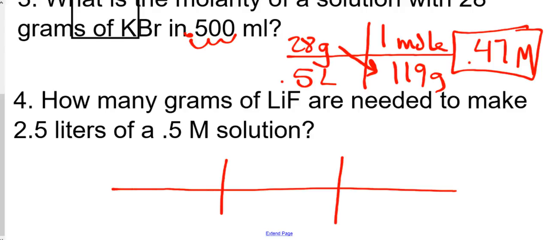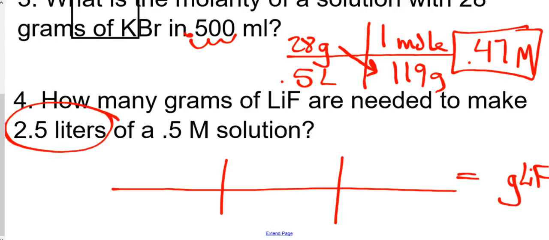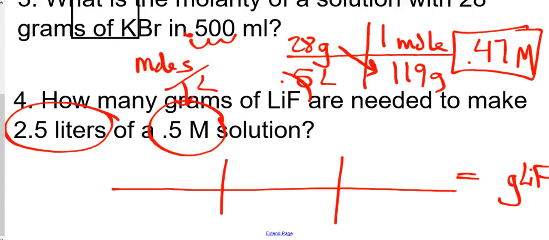We want how many grams of LF are needed to make whatever it says. So here we go. We have this 2.5 liters and 0.5 capital M. If you remember, the capital M means moles per liter. This we already used also, didn't we?